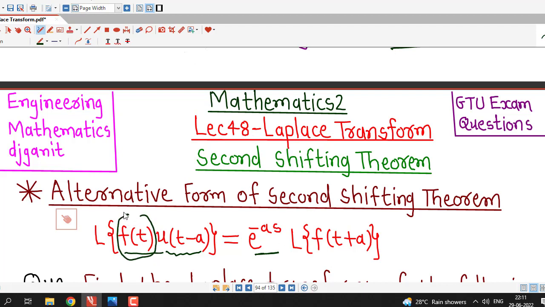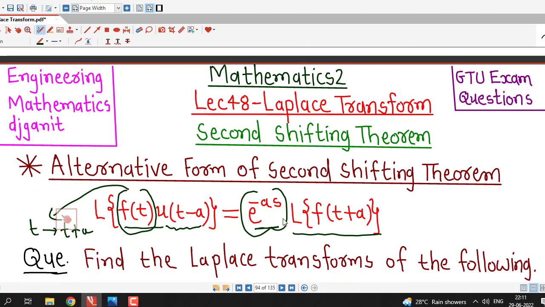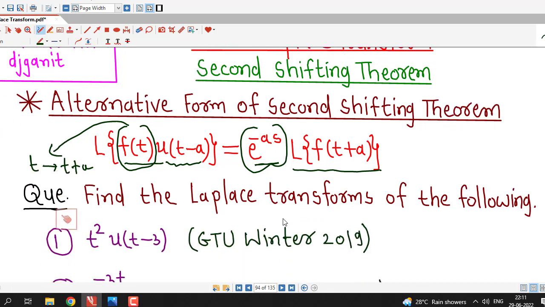In this f of t, we replace t by t plus a, find the Laplace transform of f of t plus a, and multiply it by e raised to minus as. In this lecture we will discuss examples of Laplace transforms in which we can use this formula.